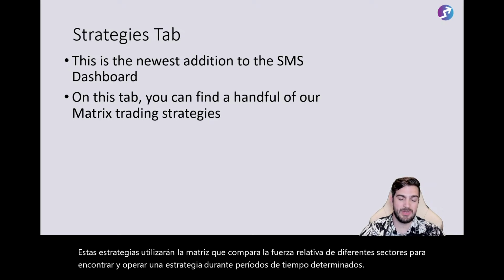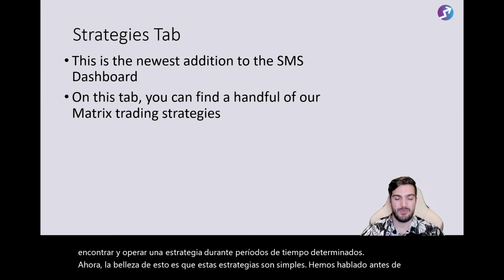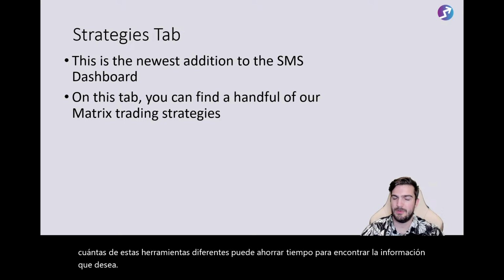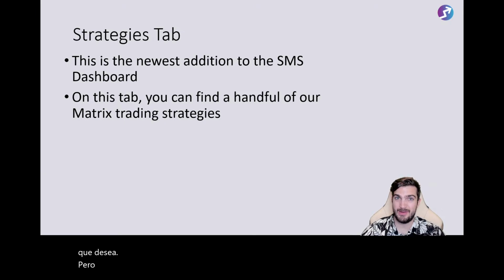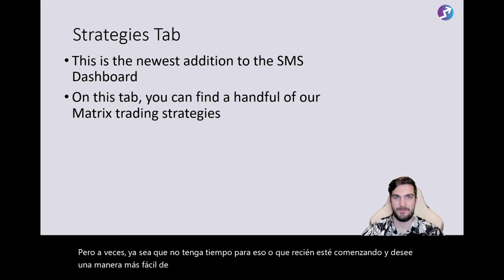Now, the beauty of this is that these strategies are simple. We've talked before about how many of these different tools you can save time finding the information you want, but sometimes, whether you don't have the time for that, or you're just getting started and want an easier way to begin, the matrix strategies are here.